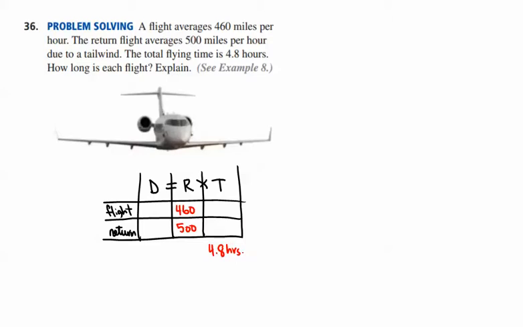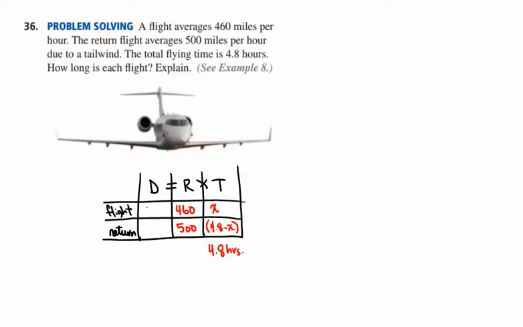So we learned a strategy for working with this, and that is we don't know what the time for the original flight is, but if we have a total of 4.8 hours, all we need to do is subtract the original flight time from the 4.8 to get the return time. So for example, if the original flight took 1 hour and we only have a total of 4.8 hours to use, we'd subtract 1 from 4.8 and we'd get 3.8. If it took 2 hours, then it would be 4.8 minus 2, and we'd get 2.8 hours.